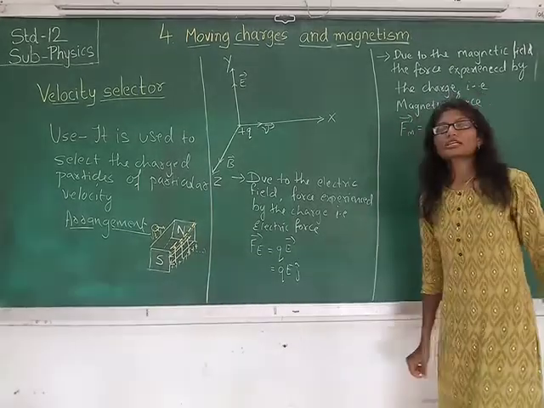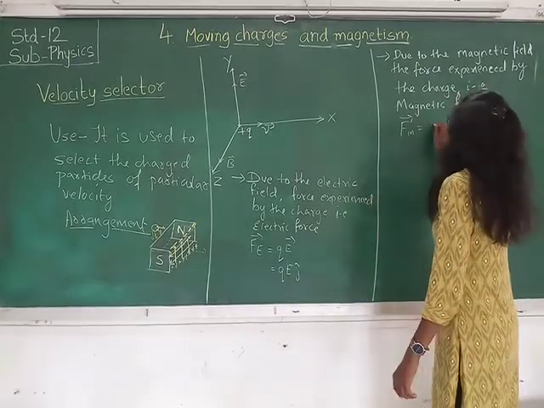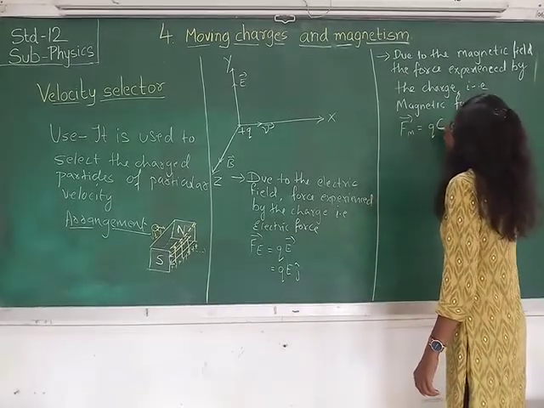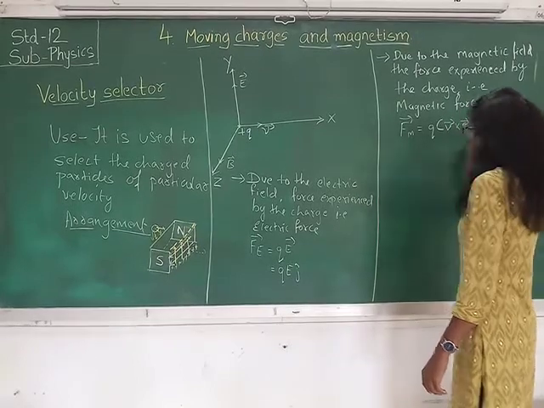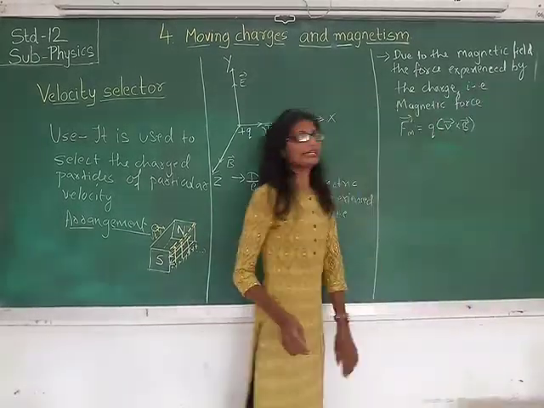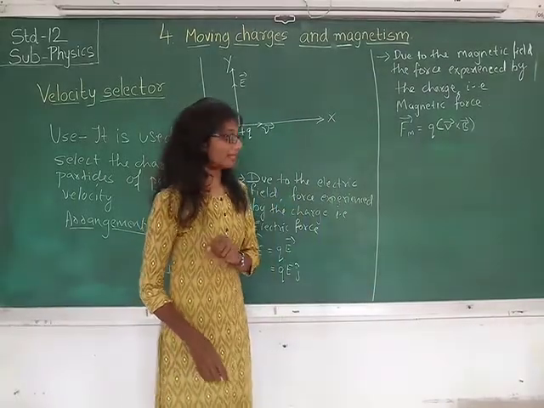You can also denote it as F_B vector, and that you know is equals to q v vector cross B vector. If you resolve this, you can write it as q v B sin theta, right?